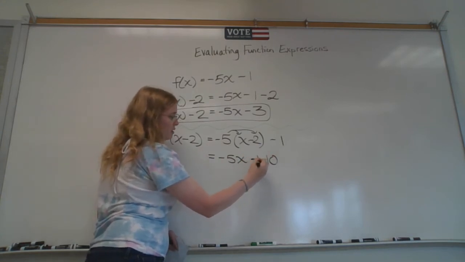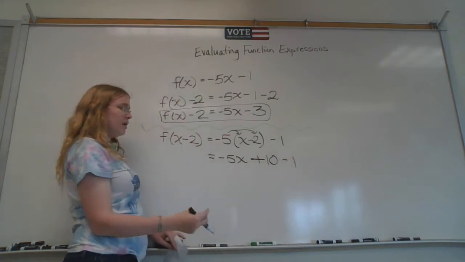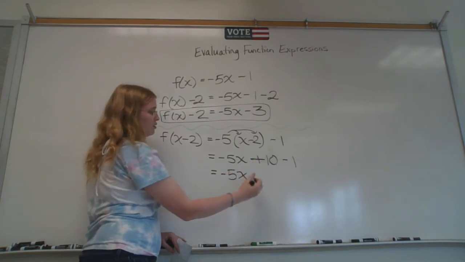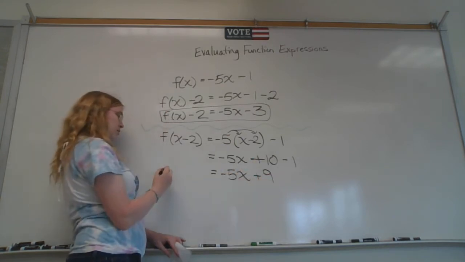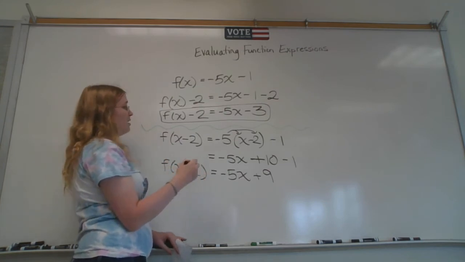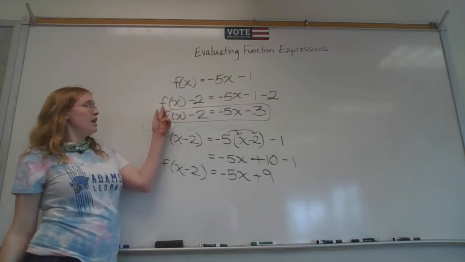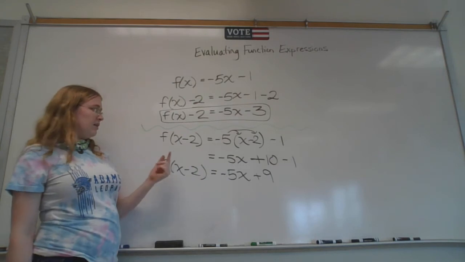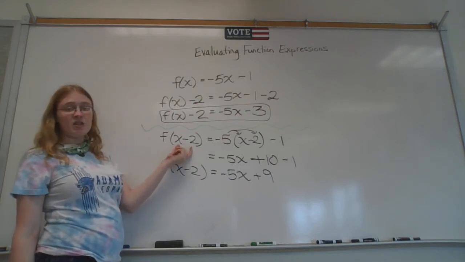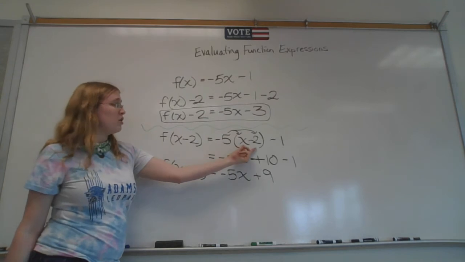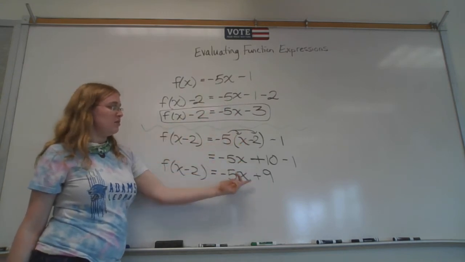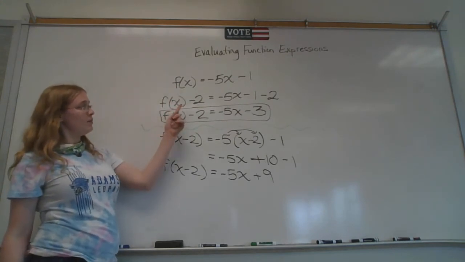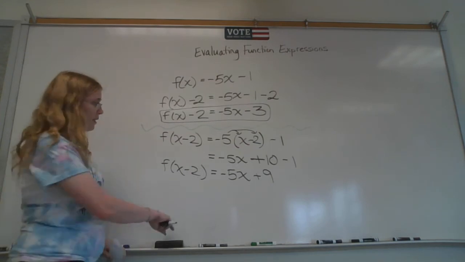This turns into one big plus sign. We've still got our minus 1. This one's more complicated, right? And then we've got 10 minus 1 is 9. So that is the difference that the parentheses makes. If it's f of x, then it's just your f of x, and you tack on minus 2 at the end. If the minus 2 is inside the parentheses, and now it's part of the x, then you plug it in as part of the x, and you have to simplify. So that's the difference between outside parentheses and inside parentheses.